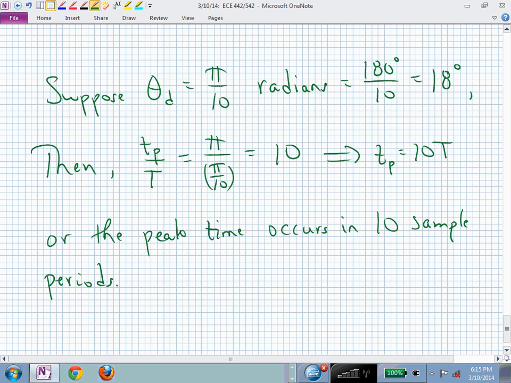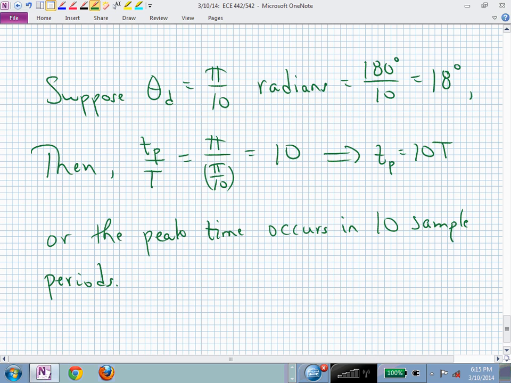If you're picking that angle and you need your peak time to be happening in 10 sample periods, then you would make your angle be pi over 10, or 18 degrees. That's where you would locate your poles, on that angle.